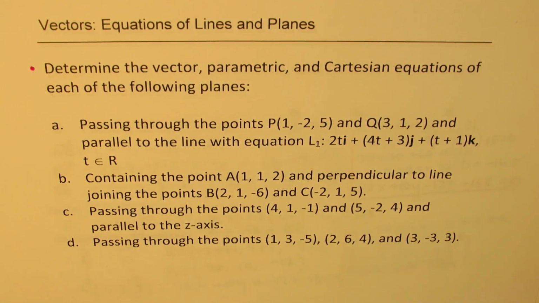To define a plane, we need three non-collinear points, or we need a line and a point external to that line. Now, the last question was, with these four parts, we are given different conditions to write the equation for the plane. And you saw how we could write parametric, vector equation, and Cartesian equation of the planes using different conditions. I hope that really helps.